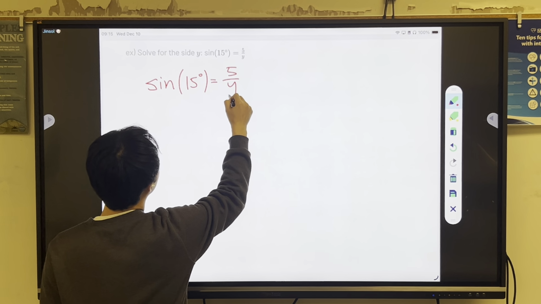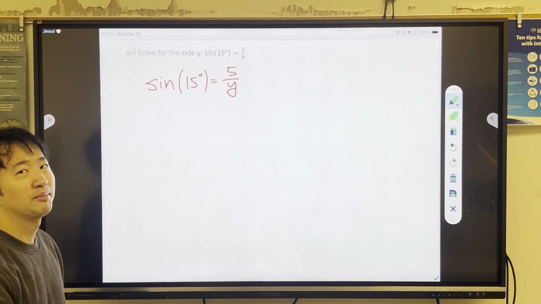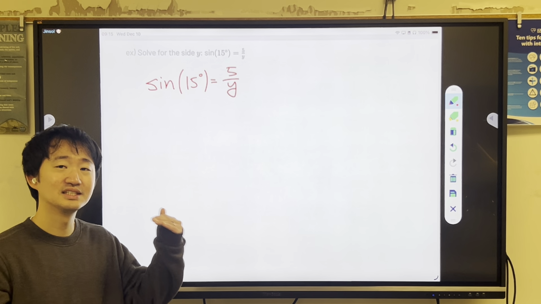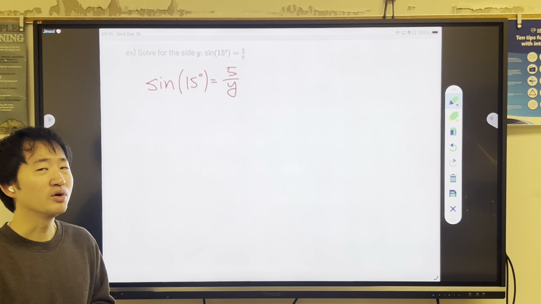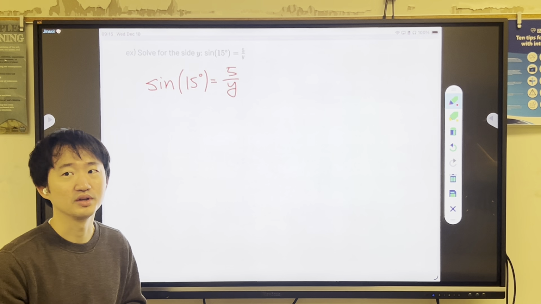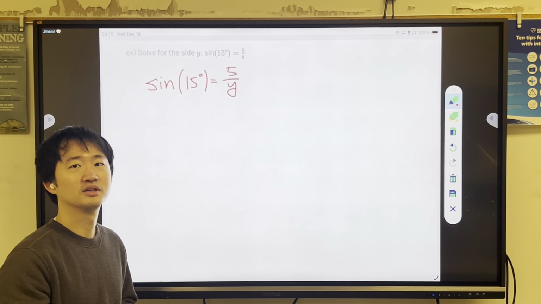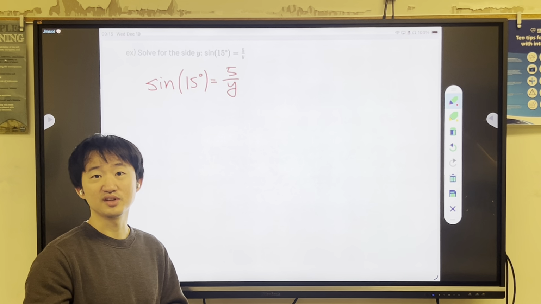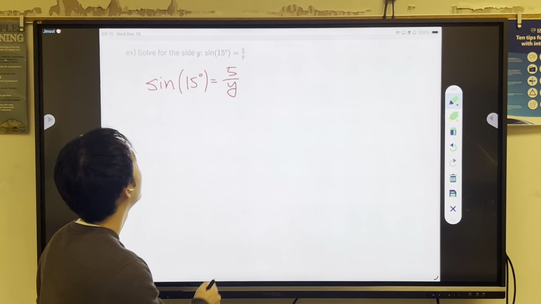In this type of problem, one thing that I'm not happy about when I see this equation is that the variable y is in the denominator. Usually we don't like it when the variable is in the denominator. Well, what do we do then? One easy way to solve this is to multiply both sides by y.